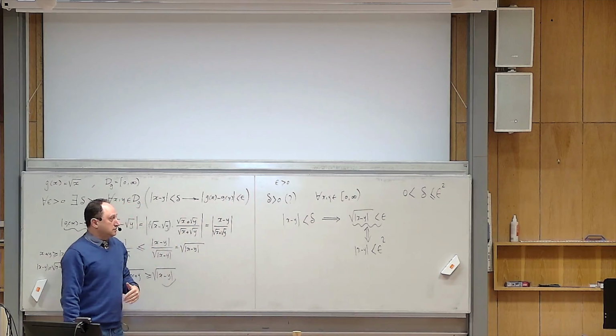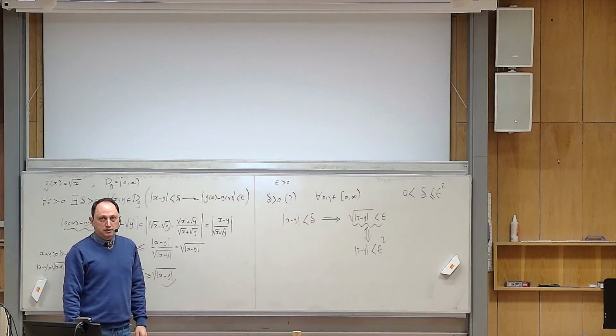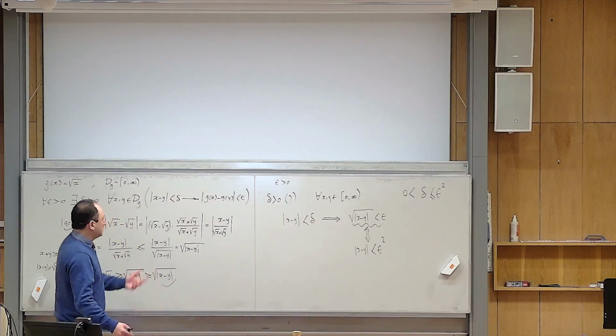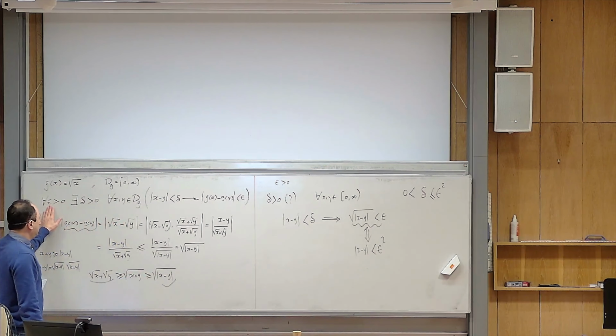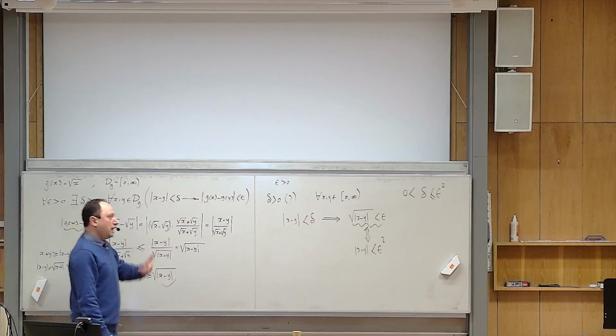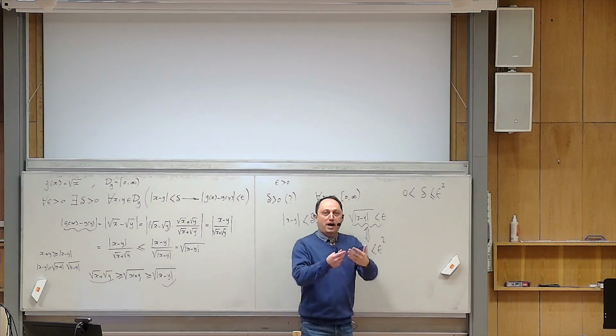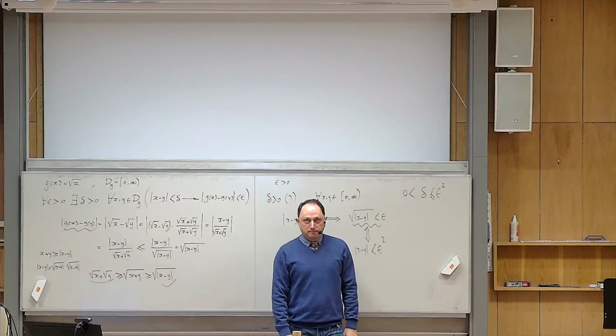And what I did, I offered that relation for my delta. Okay, so I can say that if you give me epsilon, you are waiting for me to give you delta. I square the epsilon that you gave to me and offer it back to you as your delta. Okay?